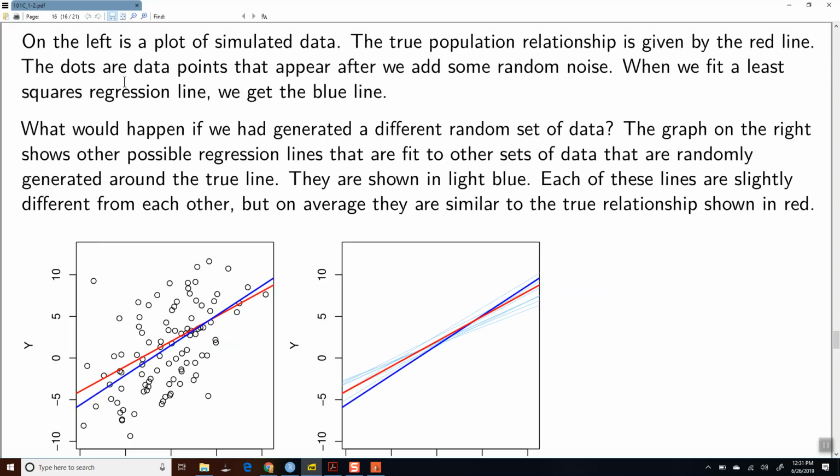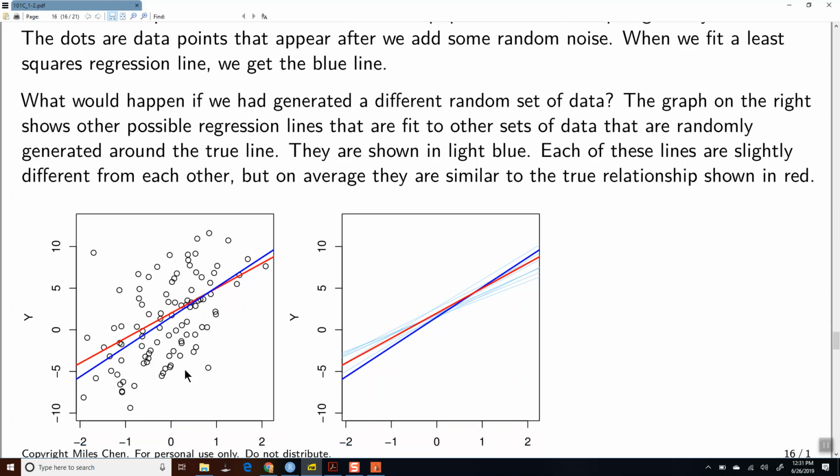So this is an illustration. What this diagram is supposed to illustrate is this idea. This red line, taken straight from the book, represents the true relationship between x and y.